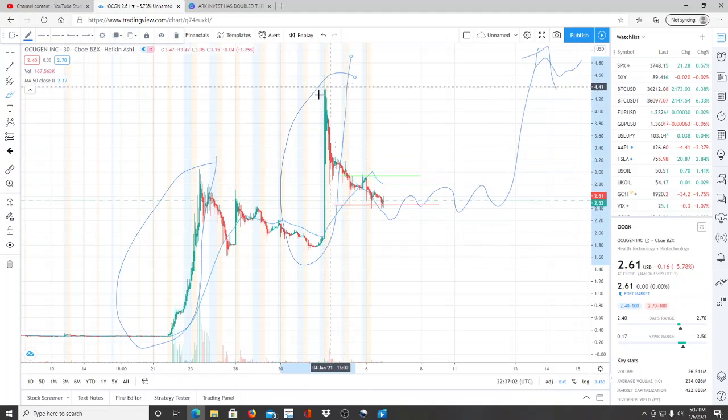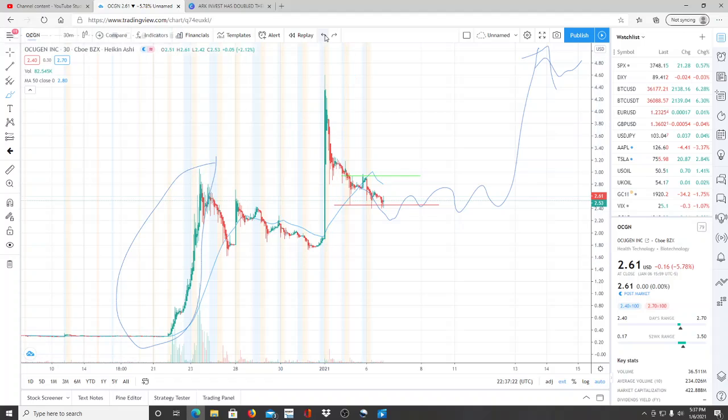The second catalyst was emergency approval in India. The next catalyst we're waiting for, which is going to be the most important one, is receiving FDA approval for Ocugen to be the U.S. distributor of Covaxin. I think that's going to be one of the biggest catalysts in this stock.